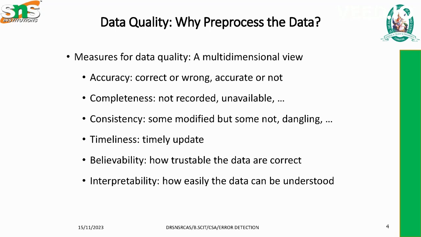We have to check for completeness. Then the third one is consistency, some modified but some not, so dangling. Then timeliness, timely update. Then believability, how trustable and correct the data are. Then interpretability, how easily the data can be understood by others. These are the different parameters, or metrics or measures, by which we have to check the quality.